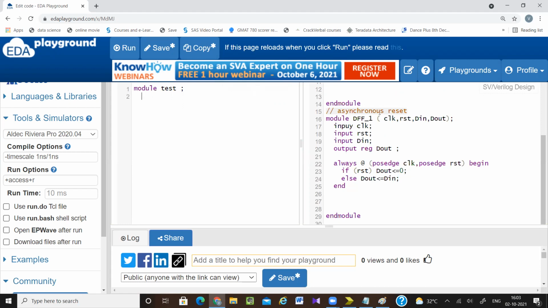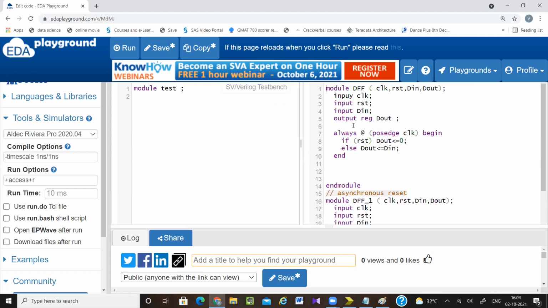So all the inputs I will be writing in terms of reg: reg clock, reg reset, reg D in, and next wire D out synchronous, D out asynchronous. Okay. Sorry, this should be wire, as these are the outputs.